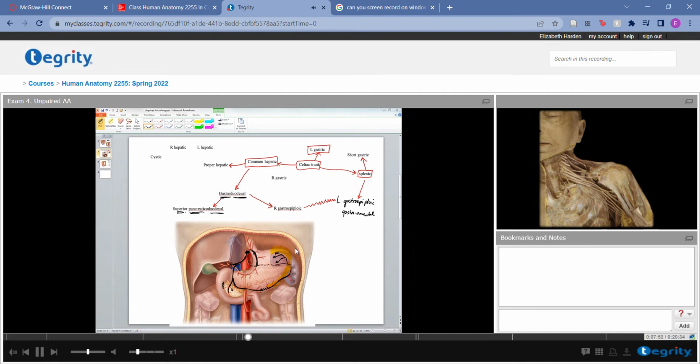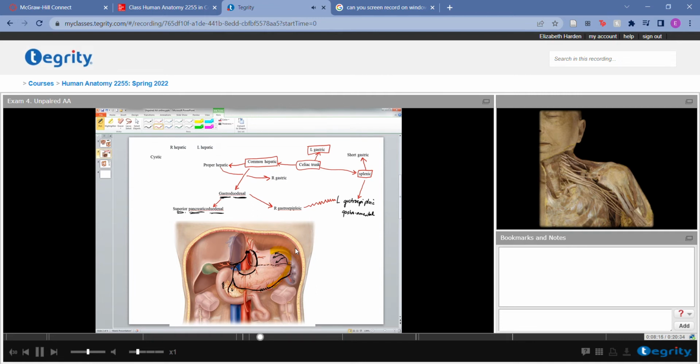And so if we look at our picture here, here's our proper hepatic. You can see this branch right here coming off of the proper hepatic and going to supply the lesser curvature of the stomach. And, of course, the name of that is going to be my right gastric. So my right gastric artery arises from the proper hepatic, supplies the lesser curvature of the stomach.